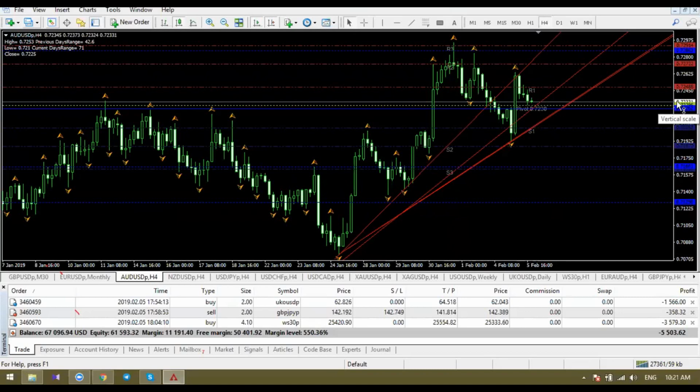And another thing is that when the walls break, it tells you what's going to happen to your market. You should never get signals according to your trend line. Only and only get them according to Fibonacci and pivot.